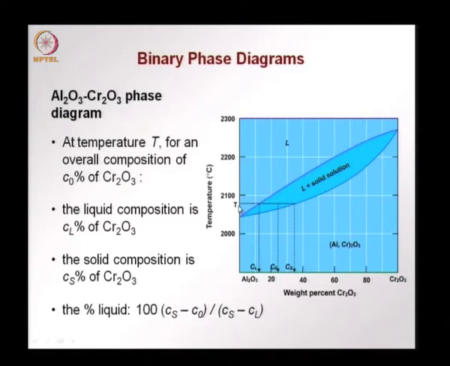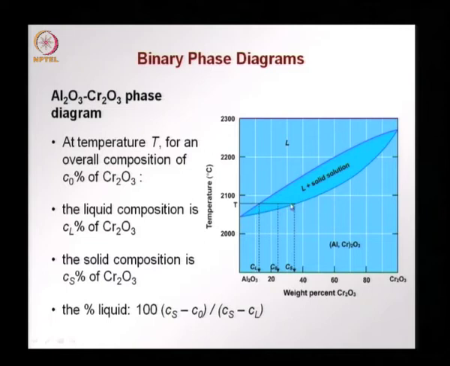And as we said before, for any particular temperature here given as T, close to about 2100 degrees, if we draw a tie line at this temperature, this point where the tie line meets the liquidus line, if we drop it down, we get the composition of the liquid phase denoted as C sub L here.